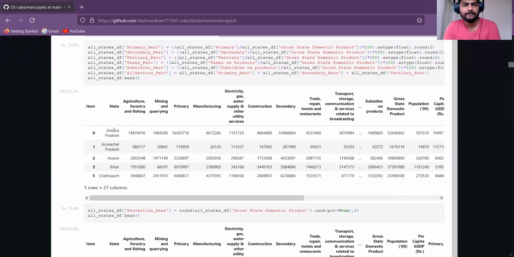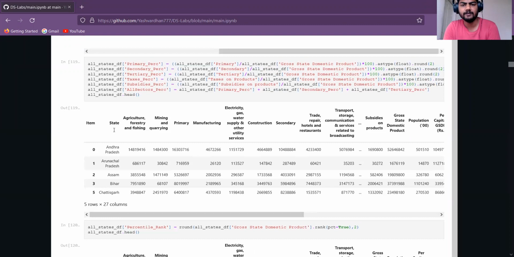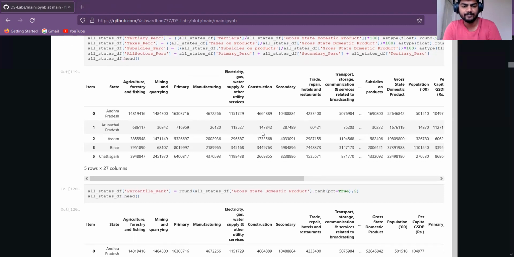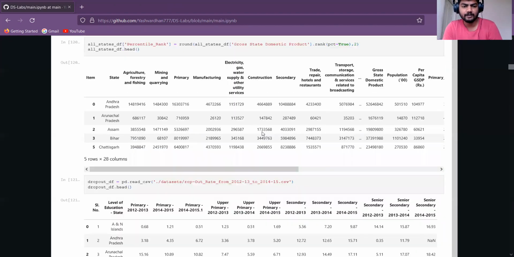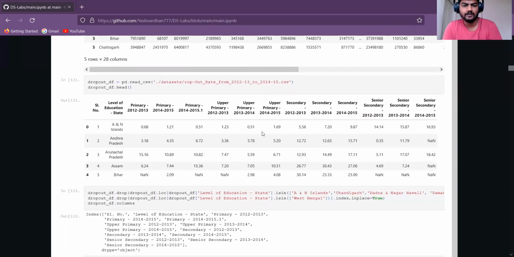Then we basically show the information of all the states and how the primary sectors such as agriculture, forestry, fishing, mining and quarrying, and manufacturing contribute to the GDP of each state of our country. We calculated all these values.